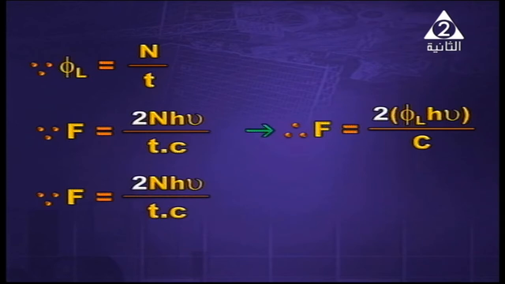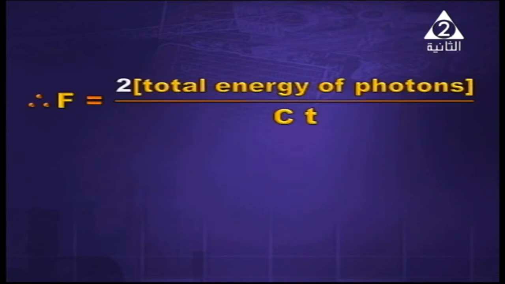And we've got something very important here. h nu is the energy of the photon. N h nu is the total energy. Total energy over time is power. So the force equals, between two brackets, total energy of the incident photons over ct, and energy over t is power, so the force equals 2 times the power over c.